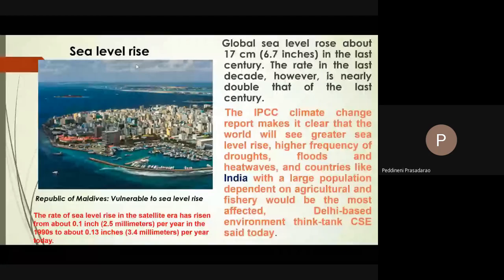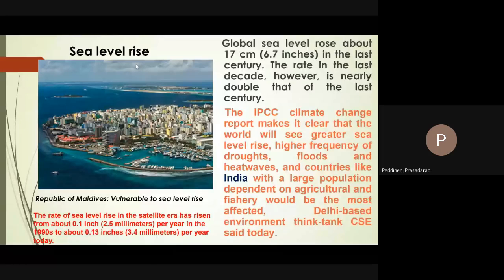Once the global temperature is increasing, it has a very bad impact on the icy continents. If you take the Arctic and Antarctic, whatever may be the increase in temperature, to that extent the solid ice will melt.